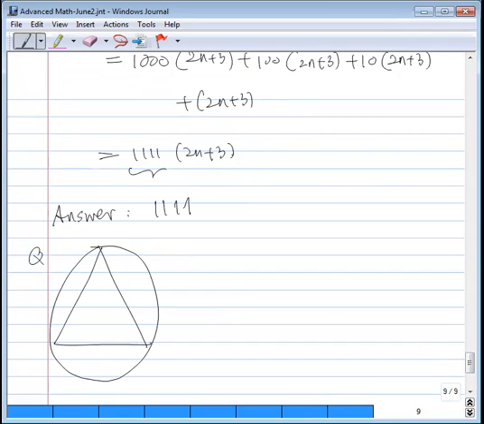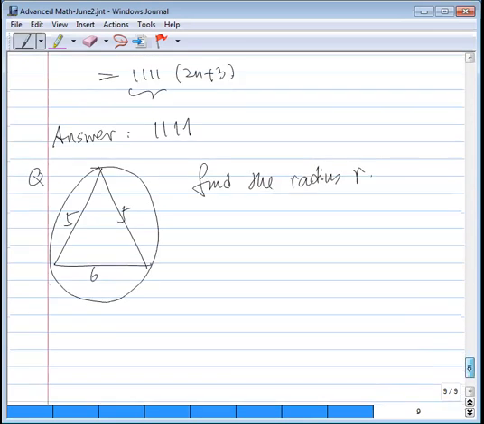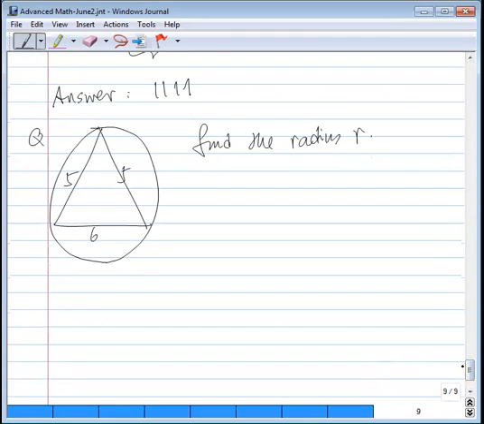The base side is 6, and these sides are 5 and 5. Find the radius.